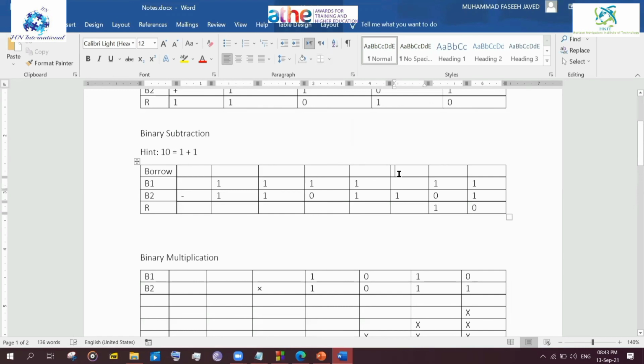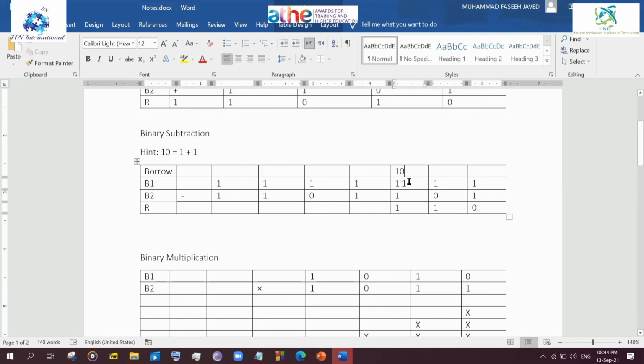So we would get two ones. So if we subtract this 1 from 1, we get 0, but this 1 remains here. It will not get cancelled out, so it would come down here.